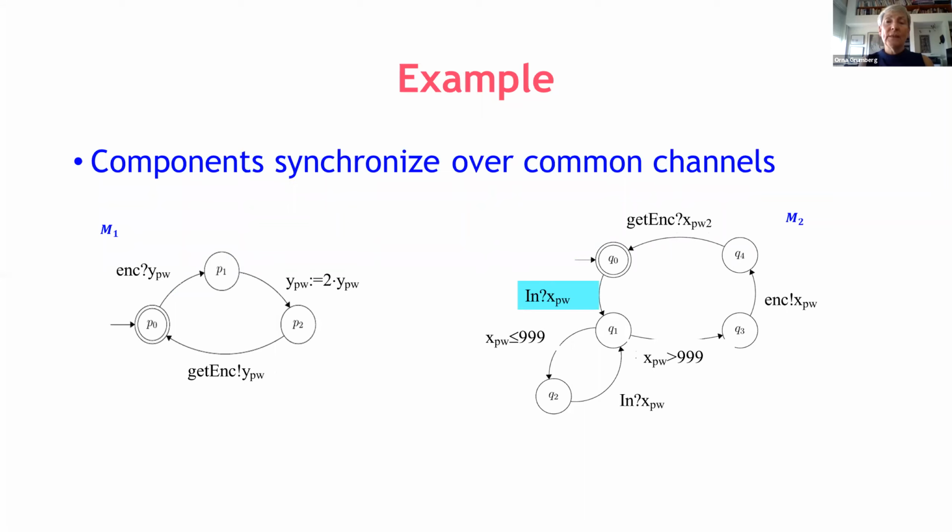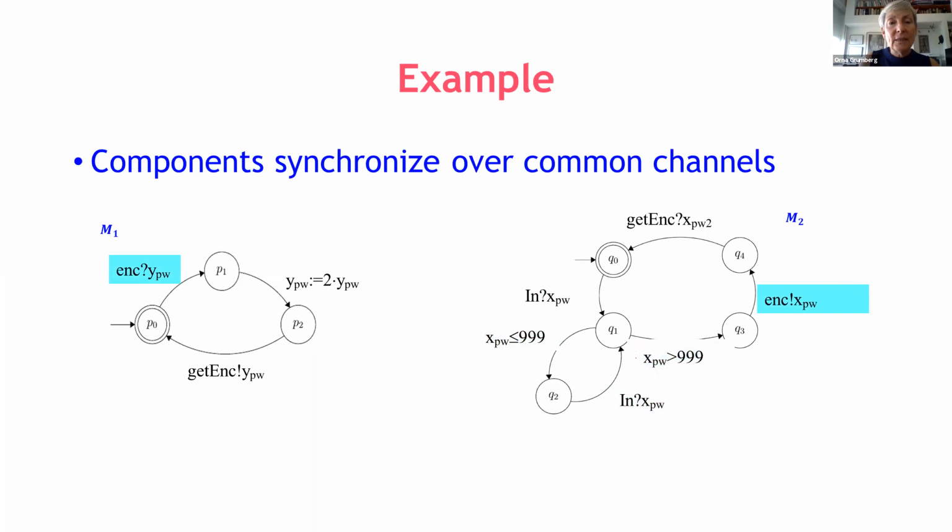If we have more than one component, then the components just interleave on their local actions and synchronize on the common channels. So here it starts with reading the password. It then goes over the loop until the password is greater than 999.